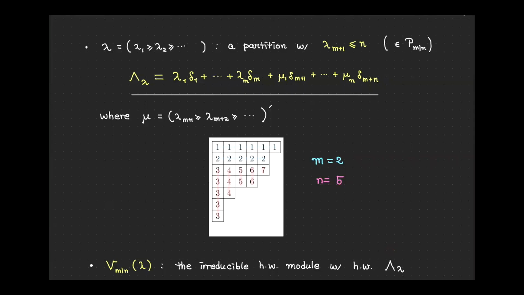Of course, our quantum group has a triangular decomposition, so we can think of it as a Verma module and its maximal quotient. So the irreducible highest weight module is well defined, and we can define this one, parameterized by the (m|n)-hook partition.